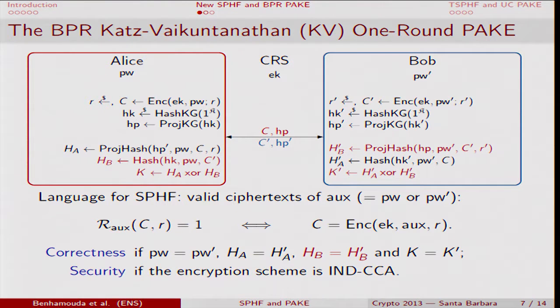The correctness is clear, and the security intuitively comes from the smoothness of the smooth projective hash function. But to prove it formally, we need the encryption scheme to be IND-CCA secure.